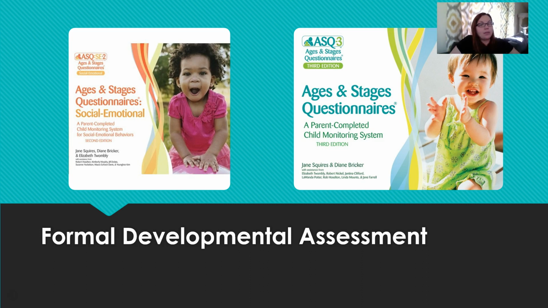but I'm not going to be asking you very simplistic questions like, at what age should a kid be able to build 8 blocks? This kind of information, this formal developmental assessment about their milestones, is going to be built into complex questions.